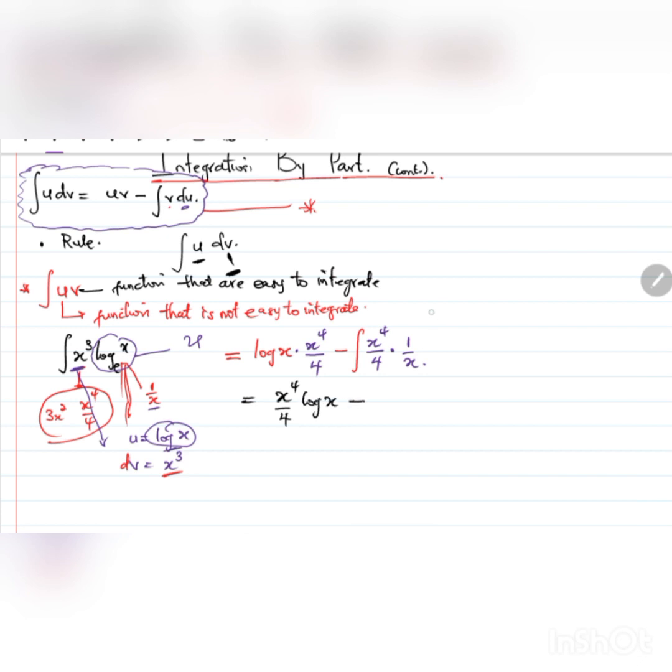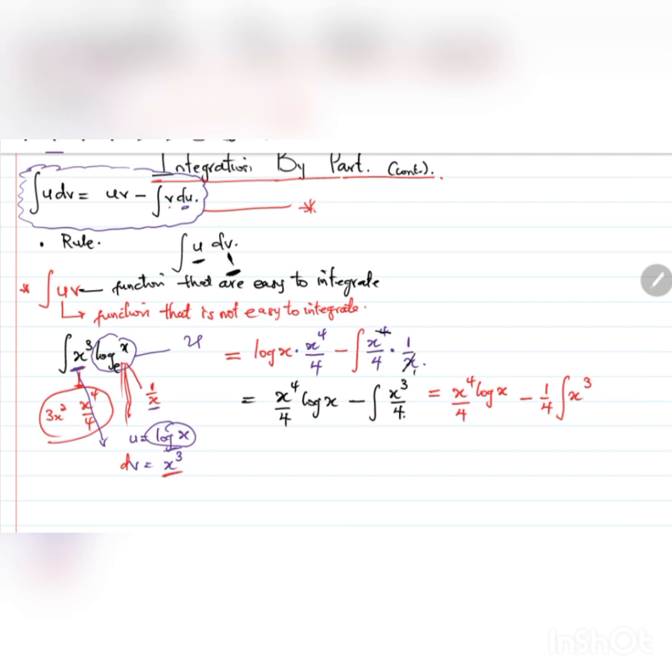minus, let's simplify what is there. This x eliminates one of these, then I'm left with the integral of x cubed over 4, which is equal to x raised to power 4 over 4 log x minus 1 over 4 the integral of x cubed.